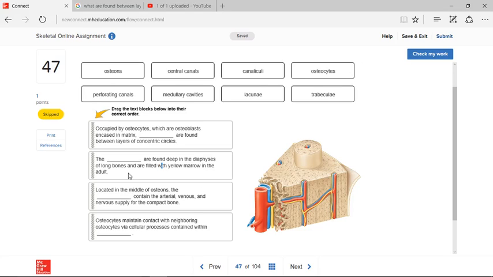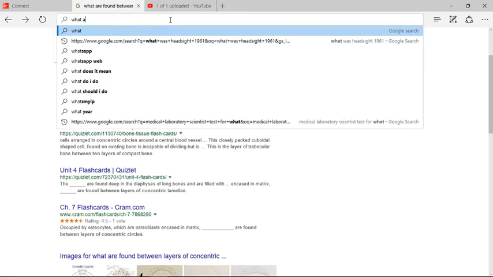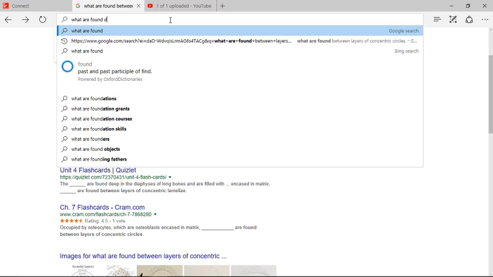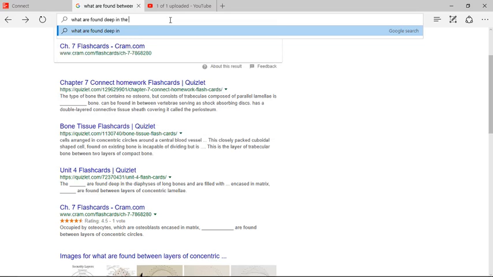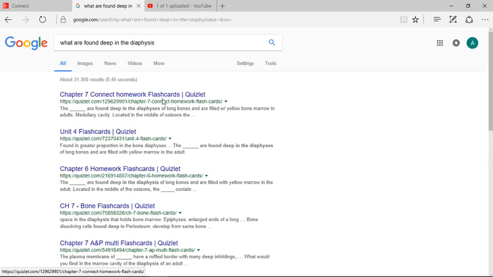The shaft of the bone between the epiphyses is called the diaphysis. All right. Blank are found deep in the diaphysis. So what are found deep in the diaphysis? Did I spell it right? We're not really getting help anyway.